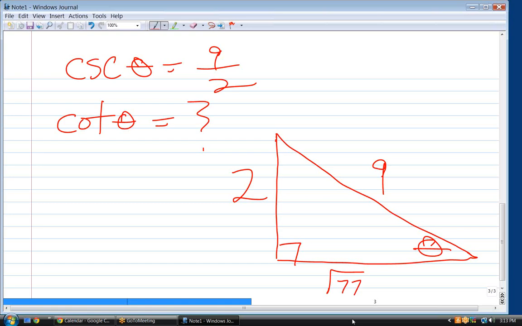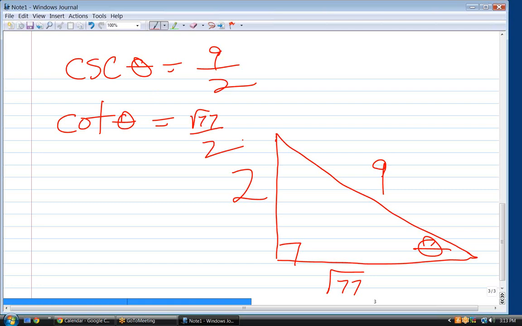Now, you can tell me what the cotangent of theta is. It would be square root 77 over 2.